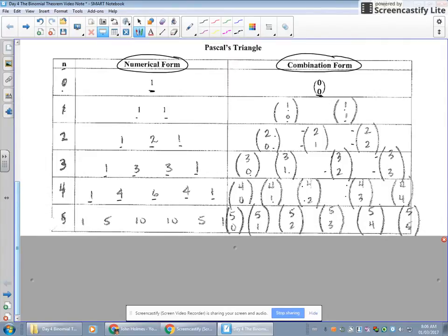The fifth row, our numbers are 1, 5, 10, 10, 5, and 1. I can just confirm that, right? 4 plus 6 is my 10, 6 plus 4 is 10, 4 plus 1 is 5, right? My numbers are fine. So on the fifth row, that means I have 5 elements to choose from, right?